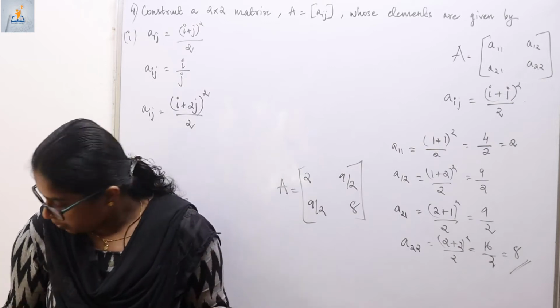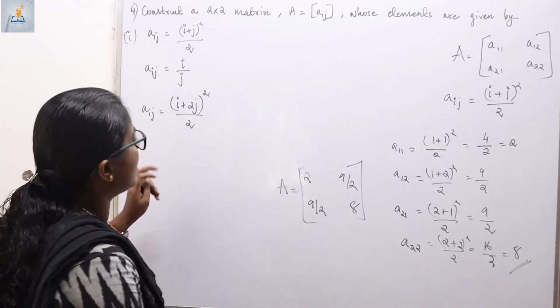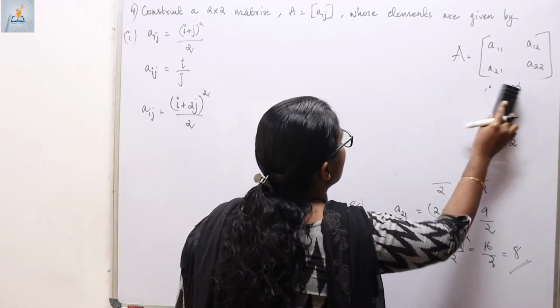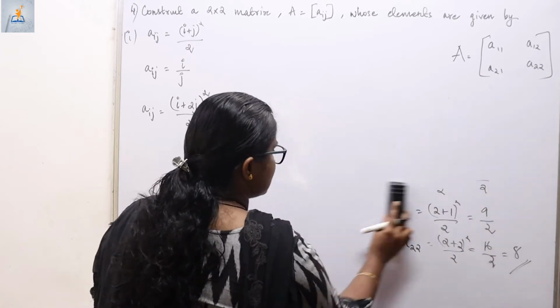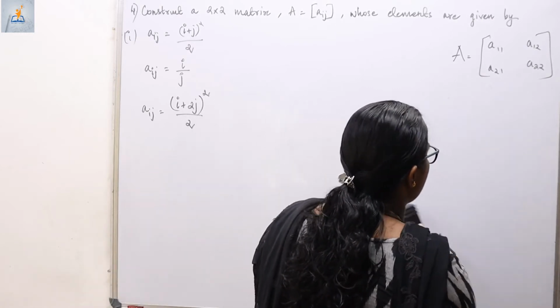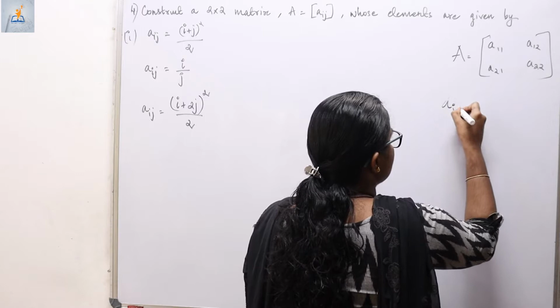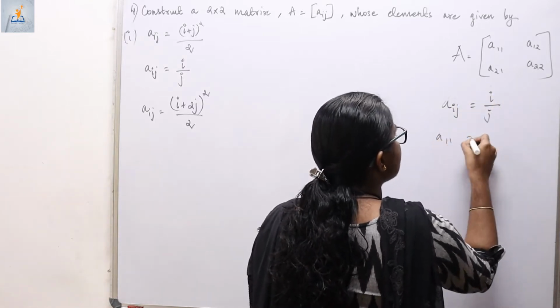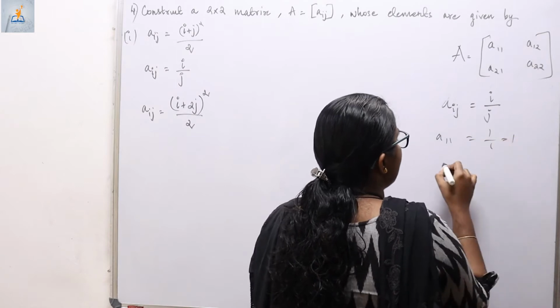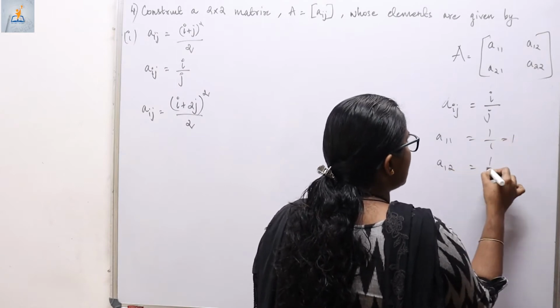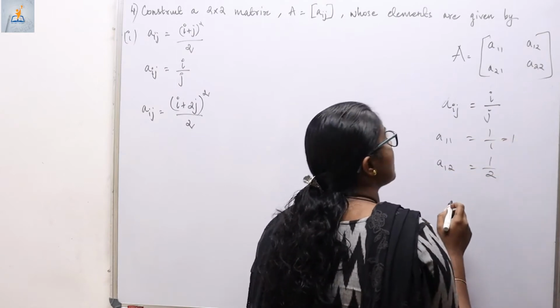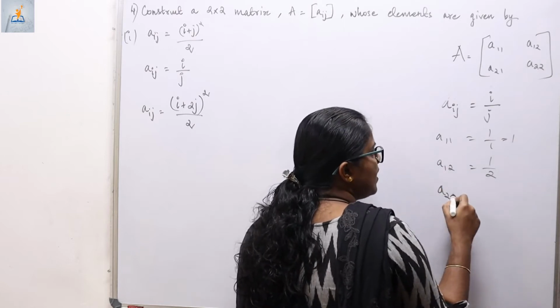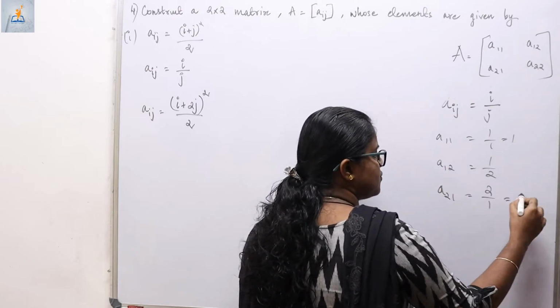Now, moving on to the second one, we have the general form as aij = i/j. So we have a11 as 1/1, that is 1. Again, a12 as 1/2, that is 1/2. a21 as 2/1, that is 2.